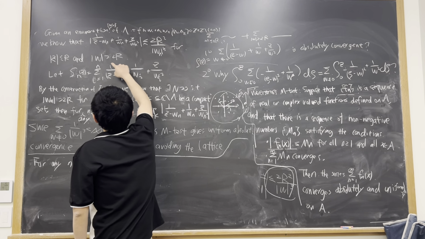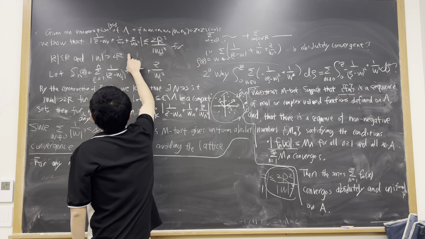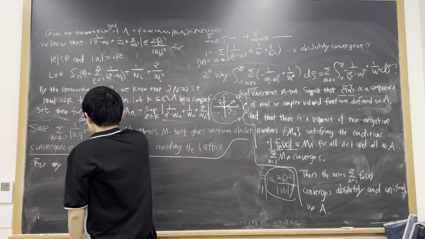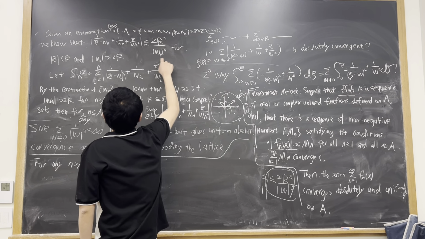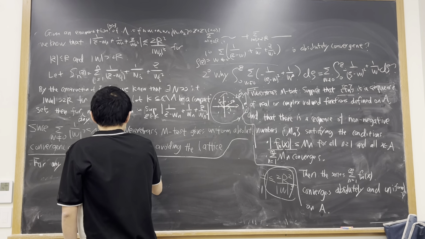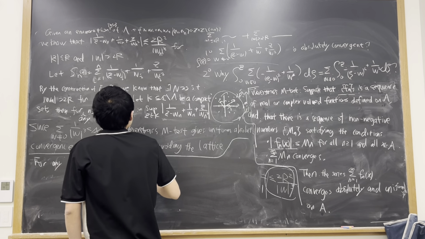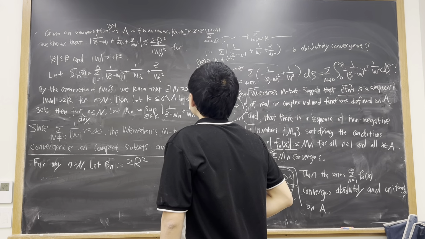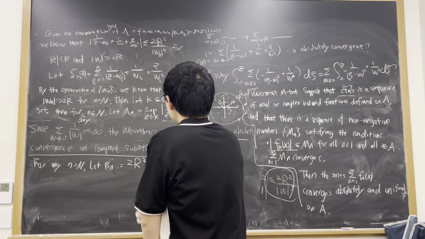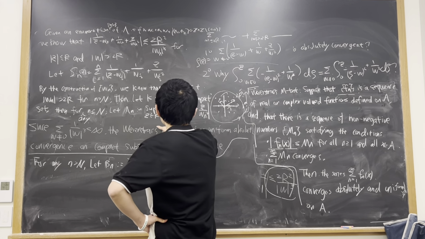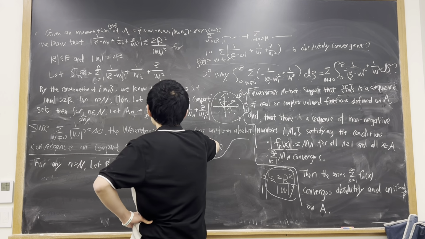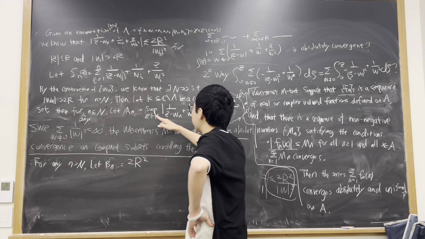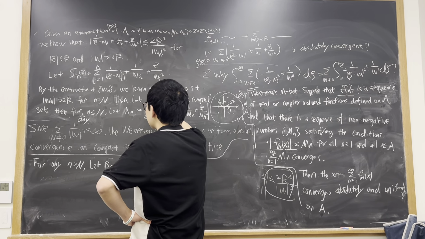Because here this omega n is bigger than 2r for n bigger than N, we can just let bn be this guy, 2r squared. Yeah, because this K is a compact subset.